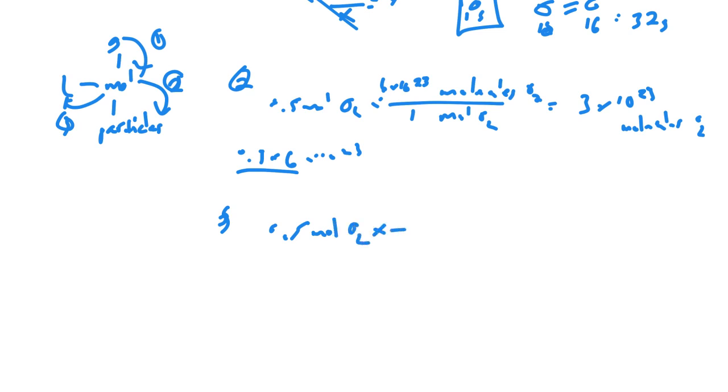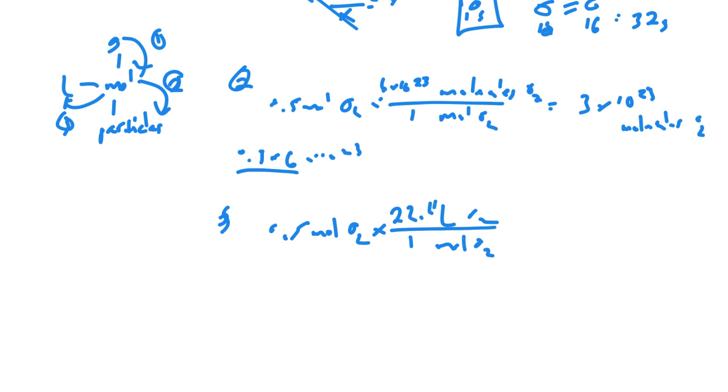times, put moles of O2 on bottom, and on top we're converting it to liters of O2. And we know from our molar roadmap that 1 mole of any gas at STP is equal to 22.4 liters.